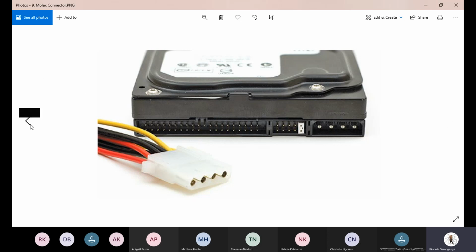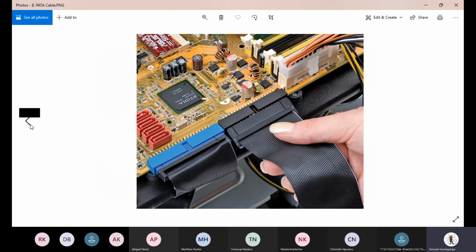So if we go back here, look at what that cable looked like. So you can imagine if you've got a couple of these cables incorporated, and probably just two of them in this particular instance, just for argument's sake, they can seriously hinder airflow within the actual system unit itself. So that was one of the major problems associated with parallel advanced technology attachment cabling or technology in general.